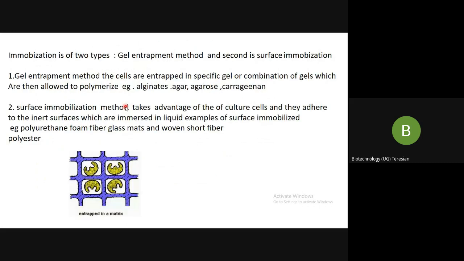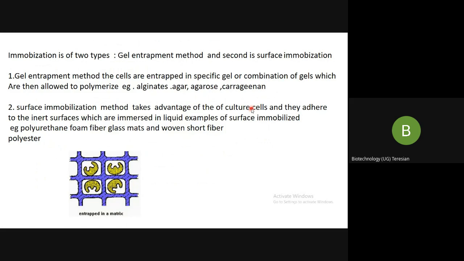Another method is the surface immobilization method. This takes advantage of the adherent nature of cultured cells. You have a particular surface, for example, polyurethane foam, fiberglass mats, and woven short fiber polyesters. These are surface immobilizers. Your cell culture can adhere to all these surfaces, and the surfaces will not have any adverse effect on your culture.